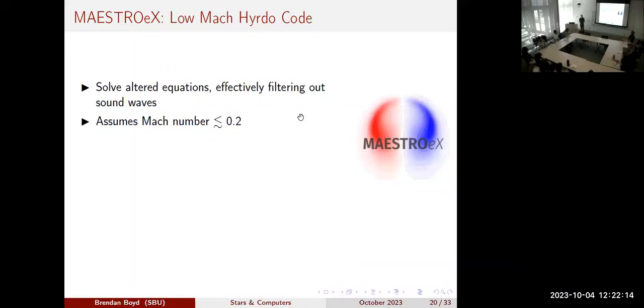And luckily, we have a way. The code that I use is called MAESTROeX, and it's a low Mach hydrodynamic code. That means it's solving slightly altered equations than a more standard compressible code does. And what this effectively does is filter out the sound waves. These sound waves luckily don't carry much information. So as long as we are careful about how we filter them out, we're not actually losing any of the physics in the simulation.